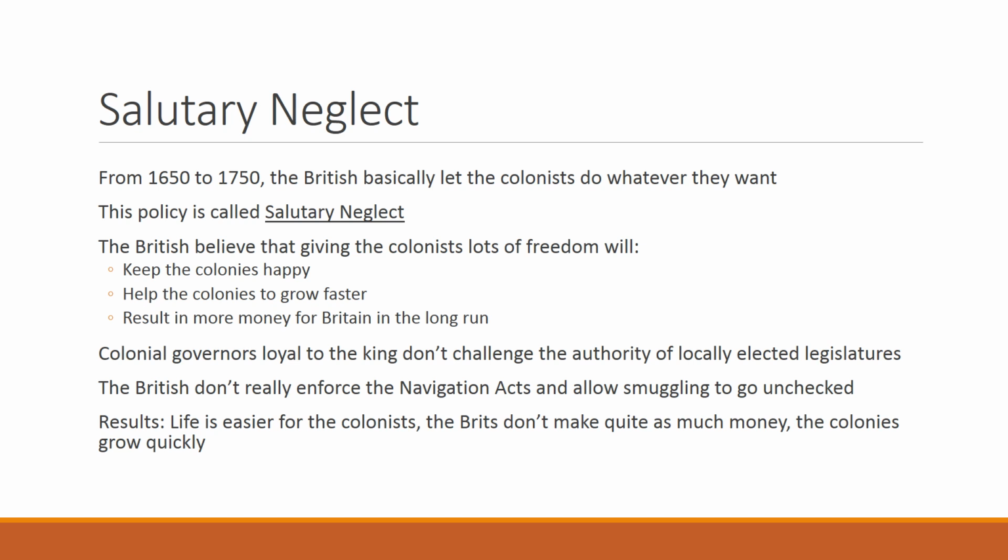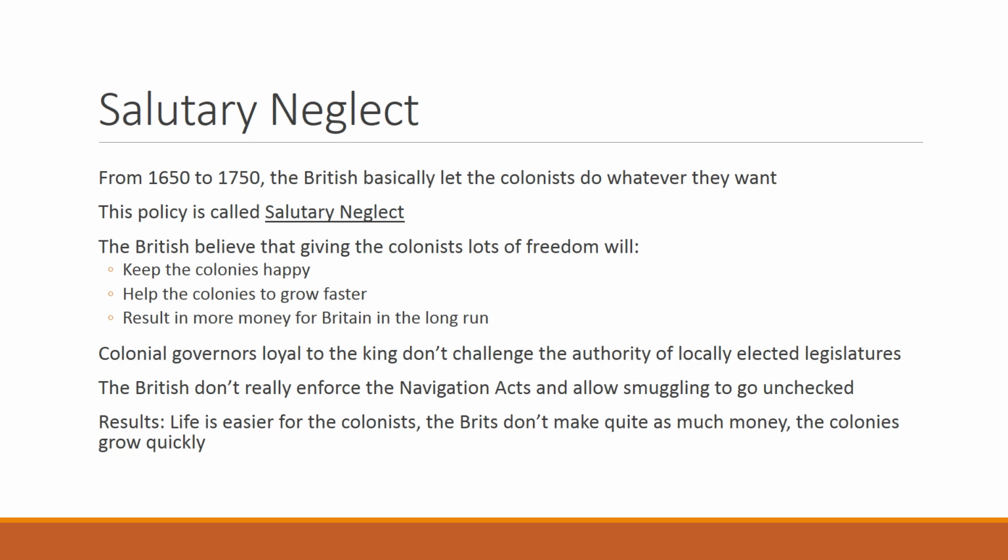And so basically what this means is, as a result of salutary neglect, the colonial governors don't really challenge the authority of the locally elected legislatures. And the British don't really enforce the Navigation Acts. So even though it's technically illegal to trade with other countries, they just let it happen and don't make a big deal about it. And so smuggling goes unchecked. And there's lots of stuff coming into the colonies from all sorts of different countries.